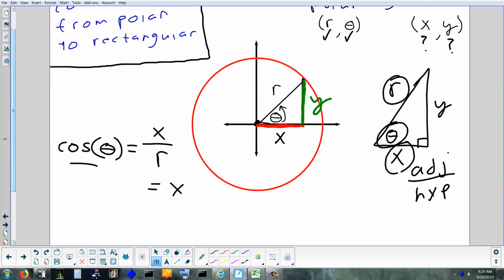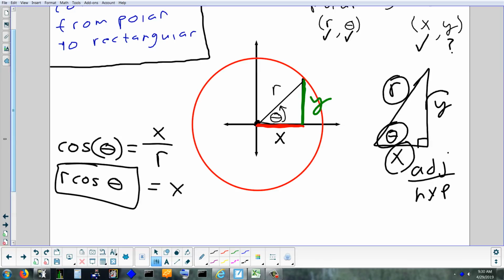Now the only thing I want to do is get r on the other side so I have x by itself, and that's going to be the formula to find the x. So how would you get the r on the other side? Multiply both sides by r. And that is the formula for how you calculate the x value. So now that's not a question mark. Now we know how to do it. You just fill in the r and the theta.